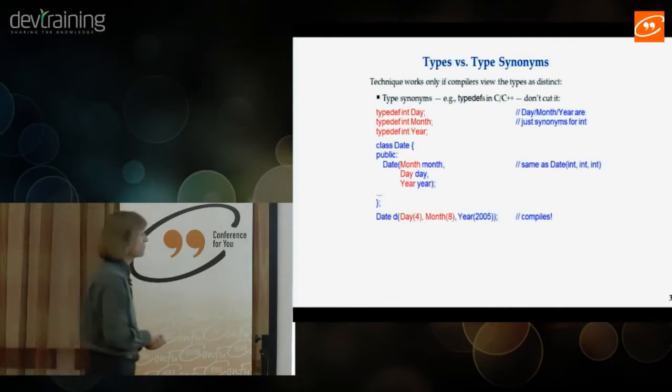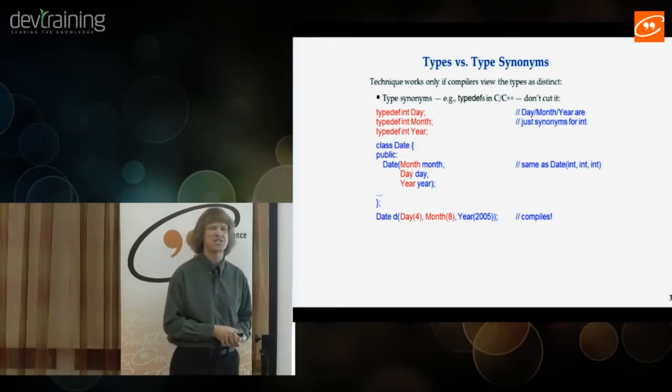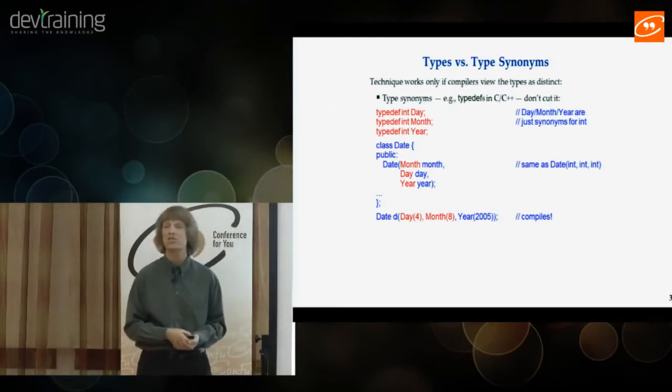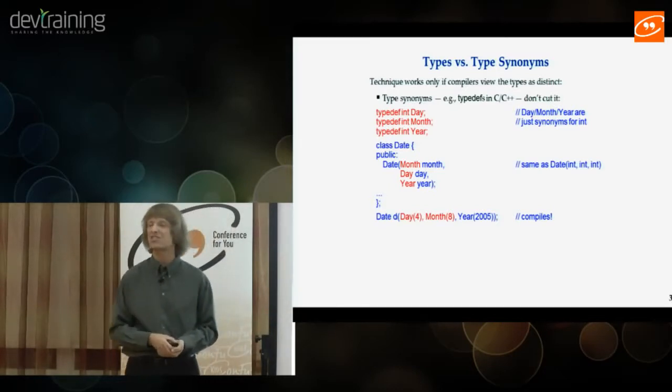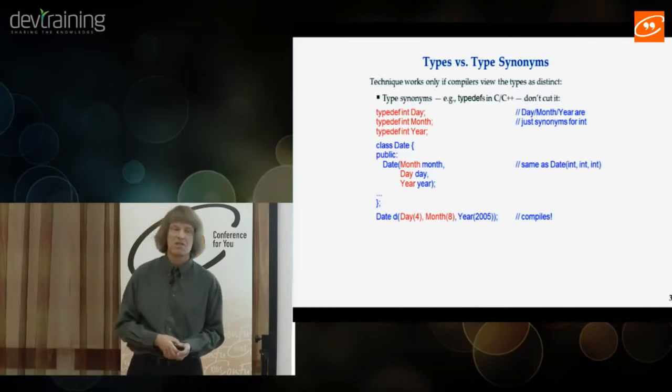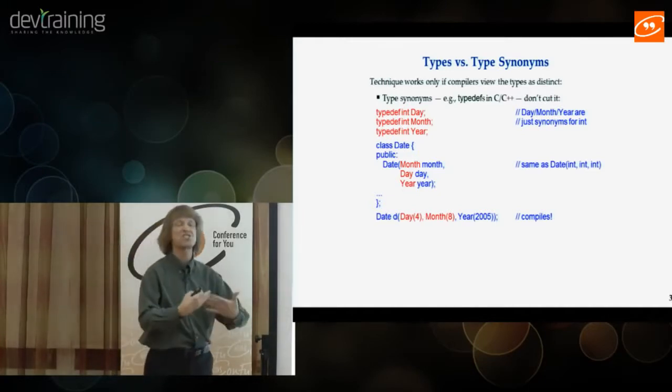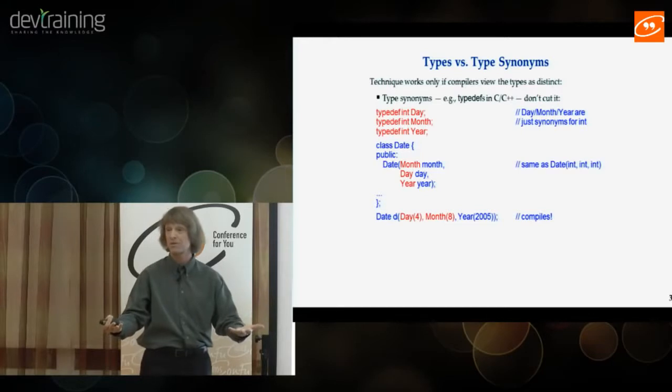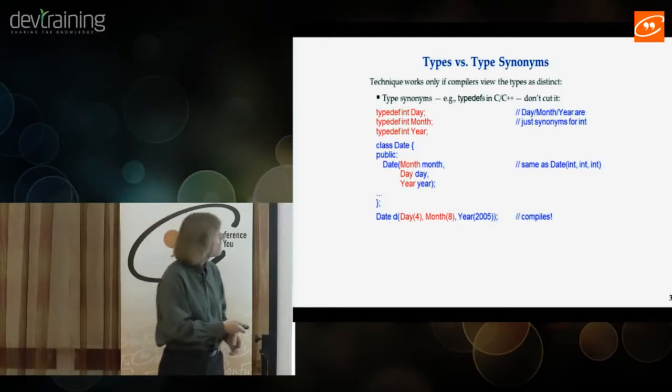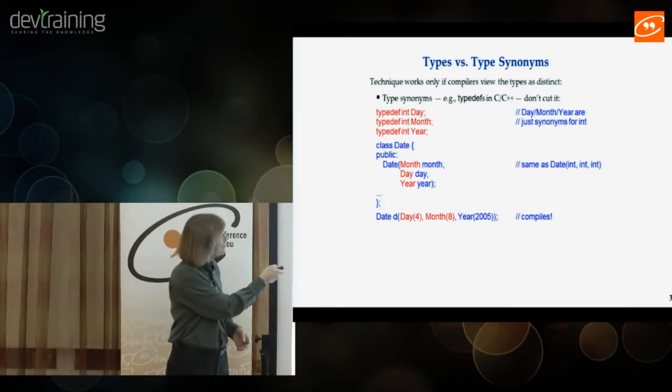Now, I want to point out for people who may be programming in languages like C and C++ or other languages which make it possible to create type synonyms, that if you create a synonym, which is just a second name for an existing type, that doesn't help you any. So if I were to say day is another name for int, month is another name for int, year is another name for int, I could write this interface.